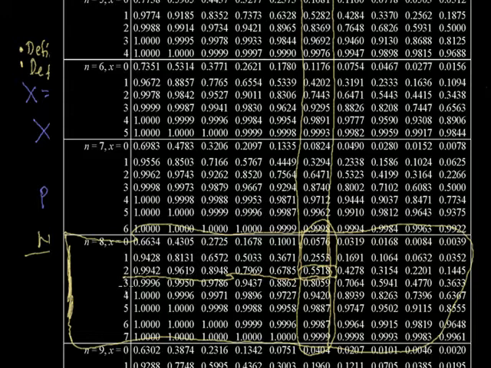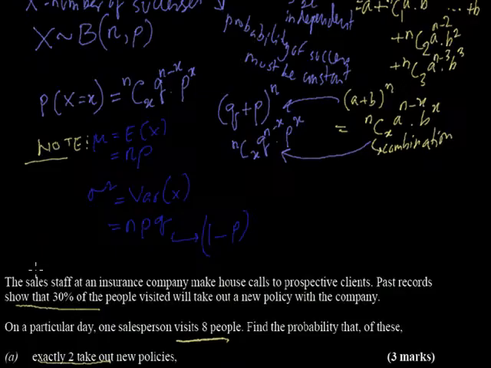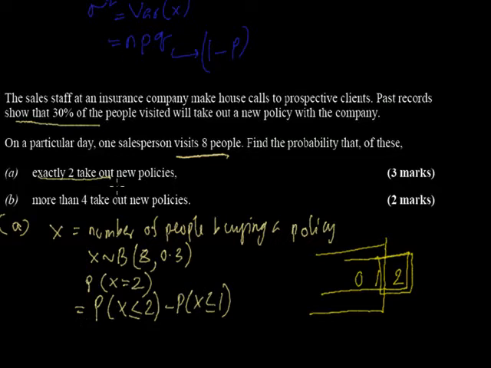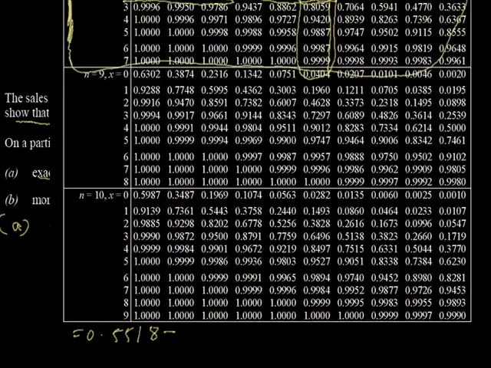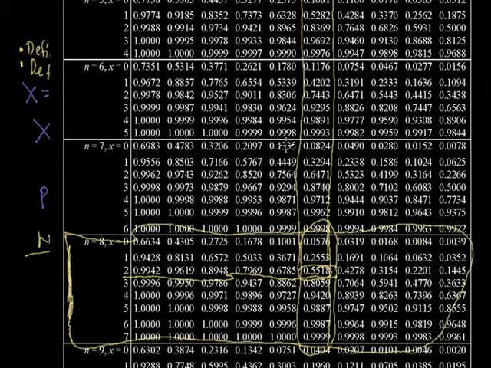x less than or equals to 2 is 0.5518. So let's go back to the sum, 0.5518, and we subtract x less than or equals to 1. So again, let's go back to the table. This is 1 in this block, n equals 8.